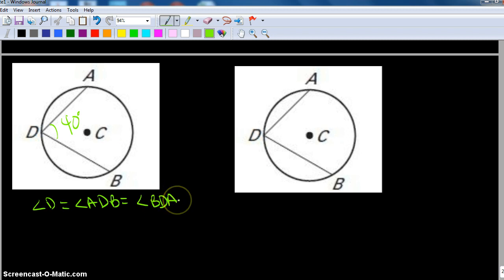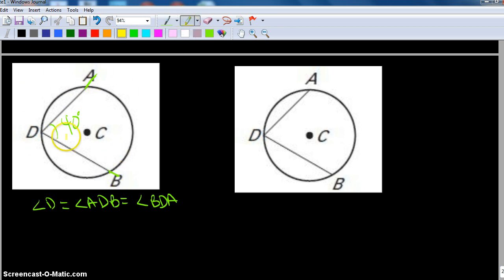That angle, 40 degrees, is not in the center. Before, all our angles were in the center. Not anymore. They can be in the center or on the actual circle on the side. This is called an inscribed angle.